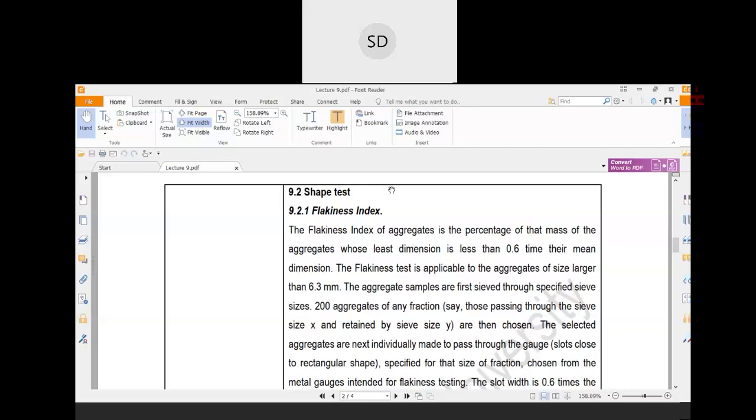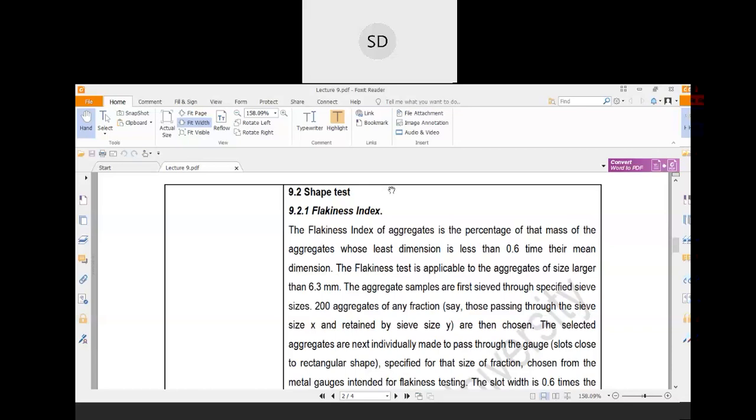Now for the shape test, the flakiness index test, you know there is a particular gauge called the flakiness index gauge, and the gauge dimensions are 0.6 times the mean dimension of that particular size. So how is that?